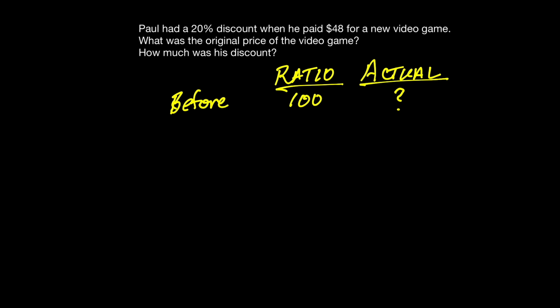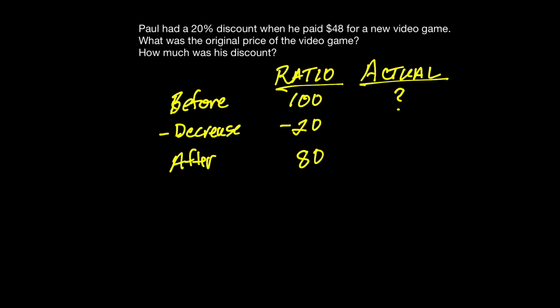Because, let's see, this is a decrease. He had a discount. So it was decreased the price by 20%. So the after price, right, for the price on sale, the sale price, would be 80%. So we're just taking 100% minus 20% and coming up with 80%.